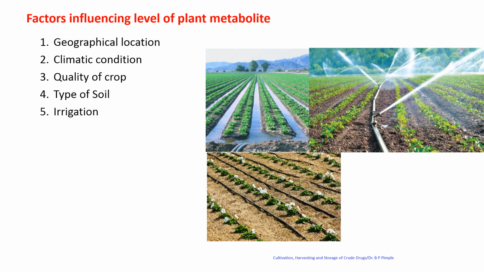Next, irrigation. There are various modes of irrigation. Generally, most of the farmers depend upon nature for irrigation, and accordingly they choose the cultivation type and crop for cultivation. But if there is a considerable amount of water, in that case the farmer can opt for various types of irrigation.